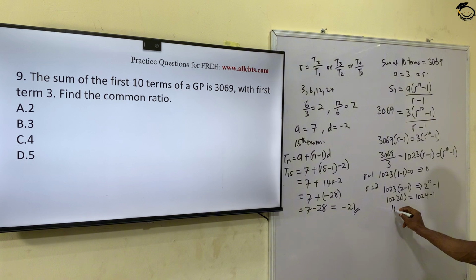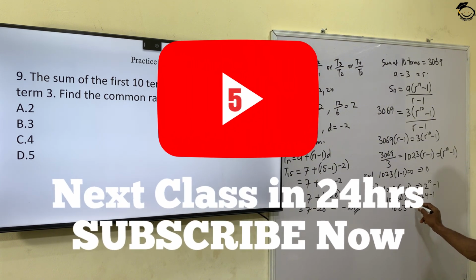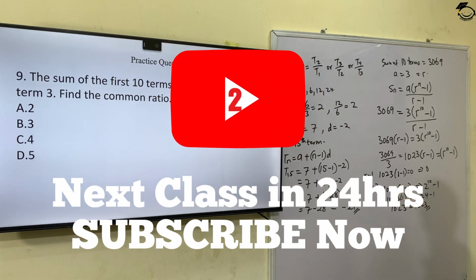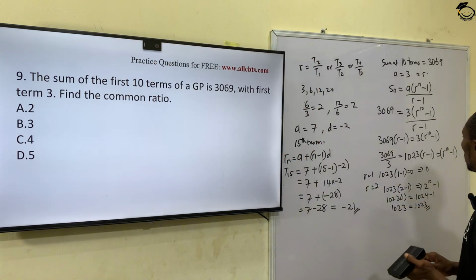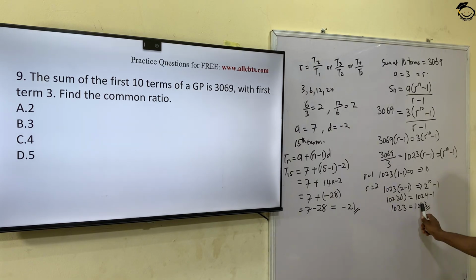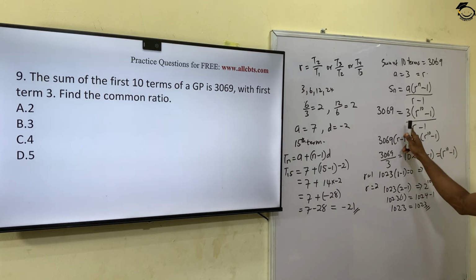So this gives us 1023. Now, because our R cannot be 1, our closest value for R in this equation would be 2.